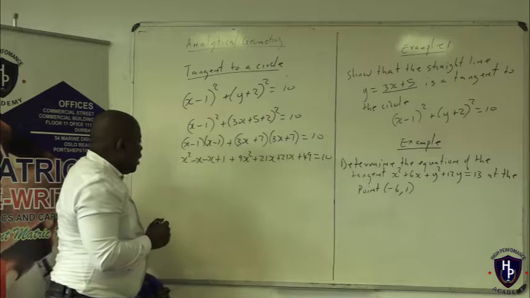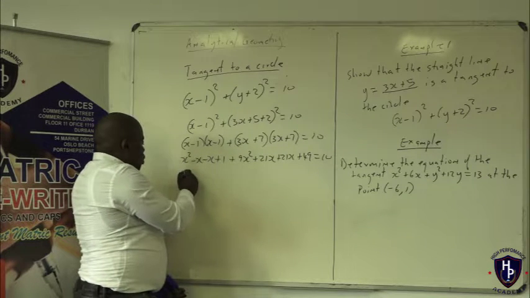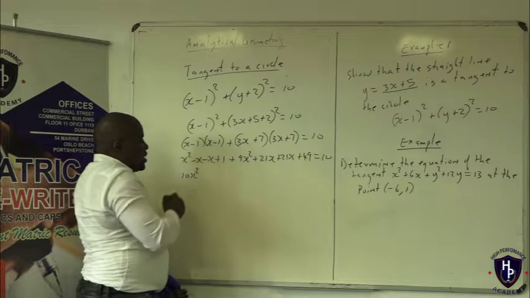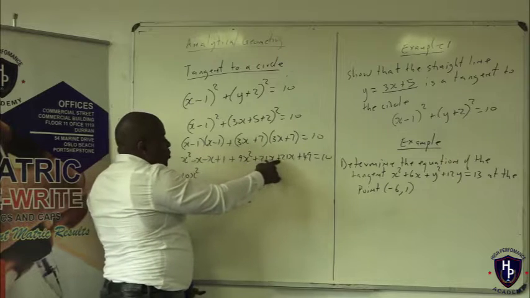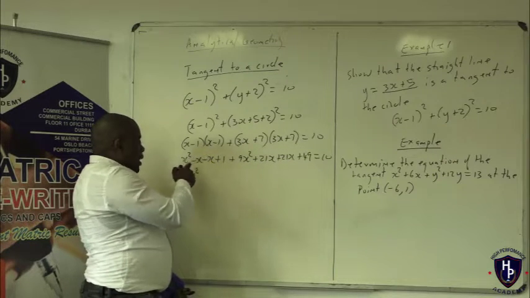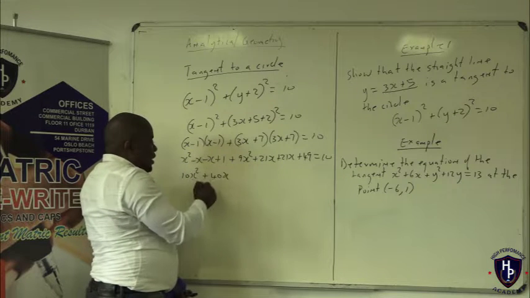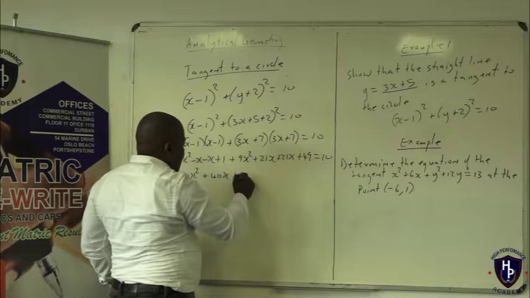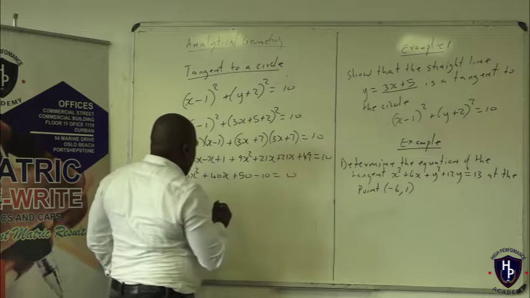Okay? x squared plus 9x squared, 10x squared. Minus x minus x, minus 2x. 21x plus 21x, 42x. 42 minus 2, plus 40x. 1 plus 49, 50, minus this 10, equal to 0.